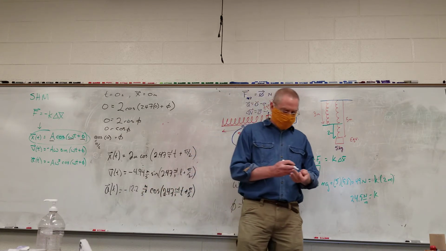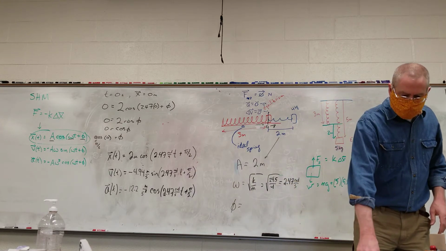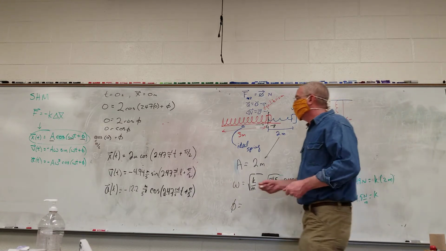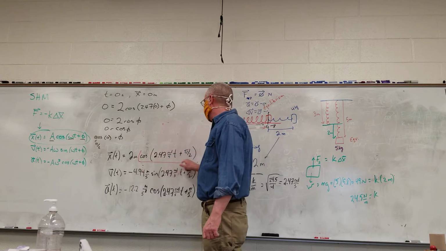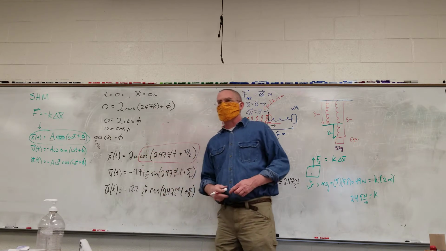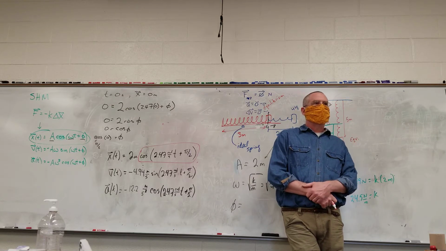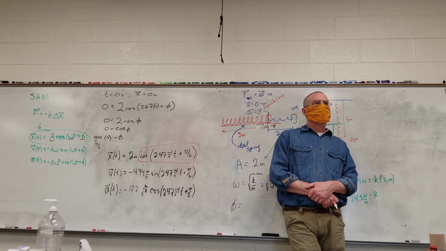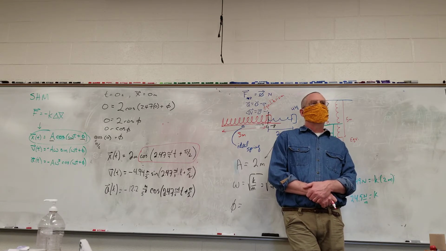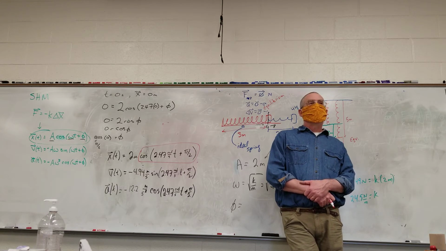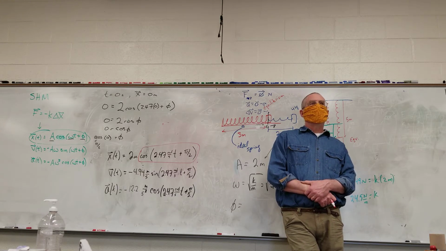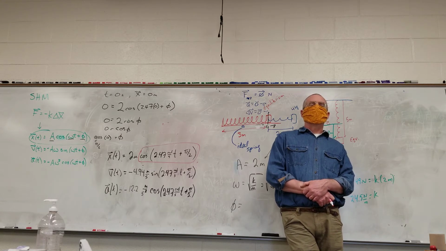All right, let's think about that, because there didn't seem to be a whole lot of confidence in it. When you take the cosine of an angle, what are the units? It's a ratio of sides.